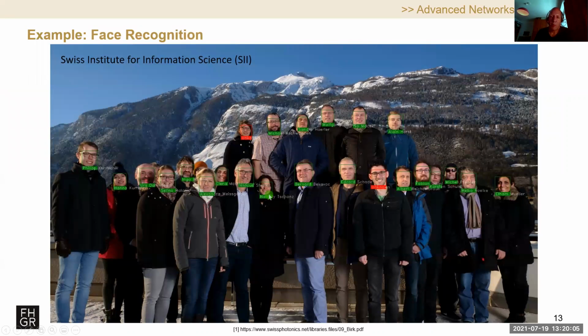Of course, one application here in Chur that I have done is face recognition. All the green labels that you see are recognized faces, and then there are the red labels. These are people that were not recognized, because they had already left the institute at the time. The images used for analysis were just taken from the web page of the university, and in this group meeting I could easily spot all these people.